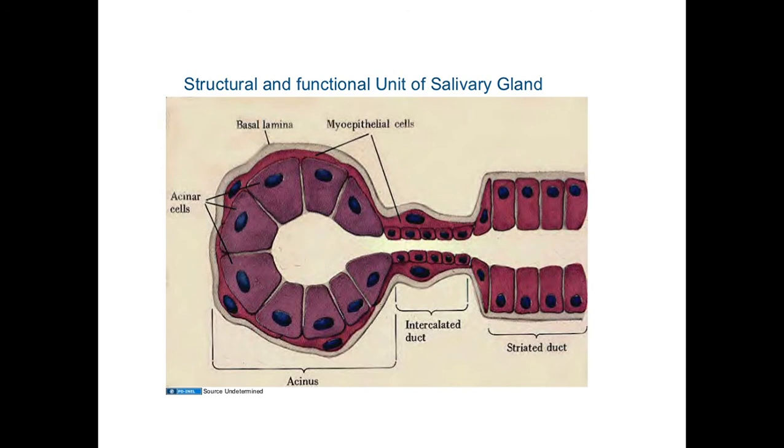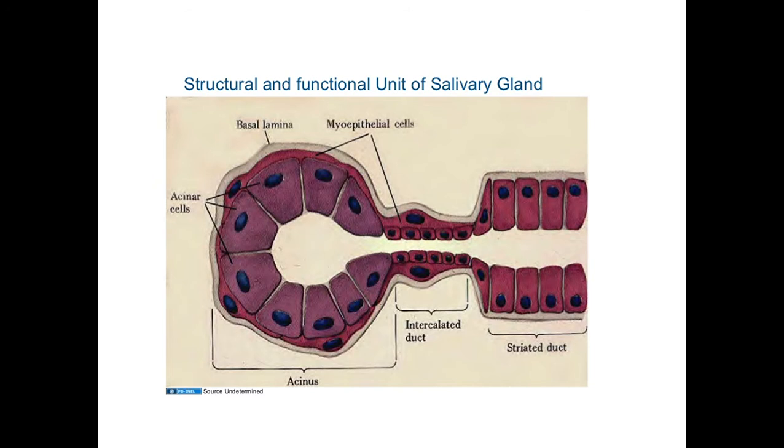We have here the structural and functional unit of the salivary gland. The secretory part of the gland is what we call the acinus, and take note, it is the functional and structural unit of salivary glands. It is composed of secretory cells with myoepithelial cells involved in the secretion and a basal lamina.